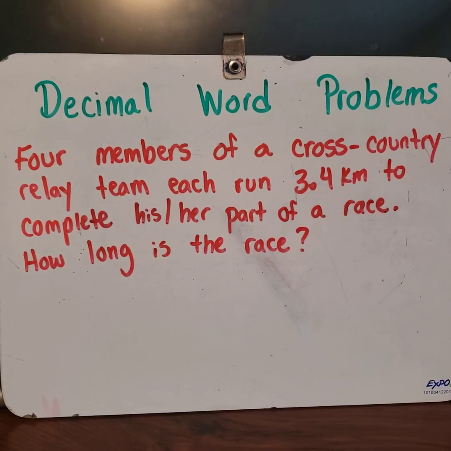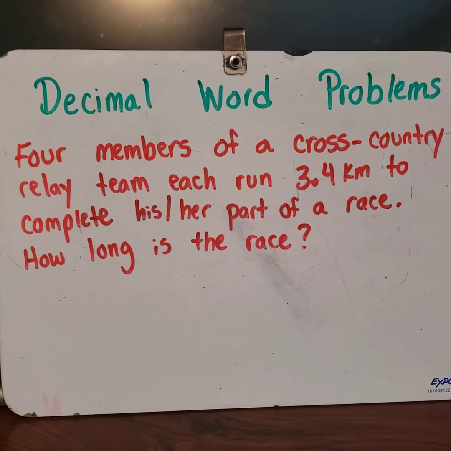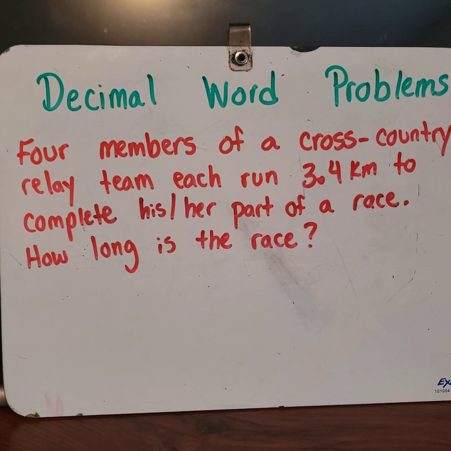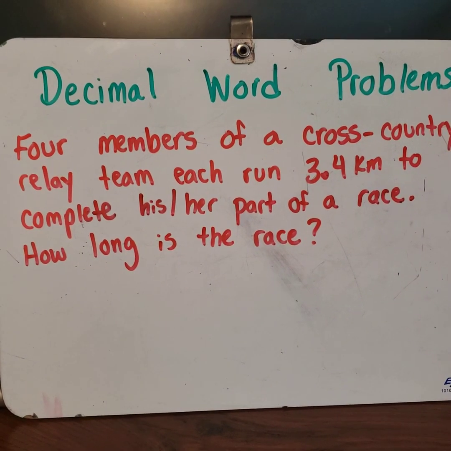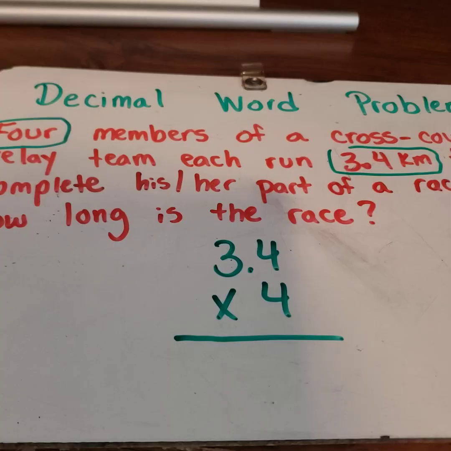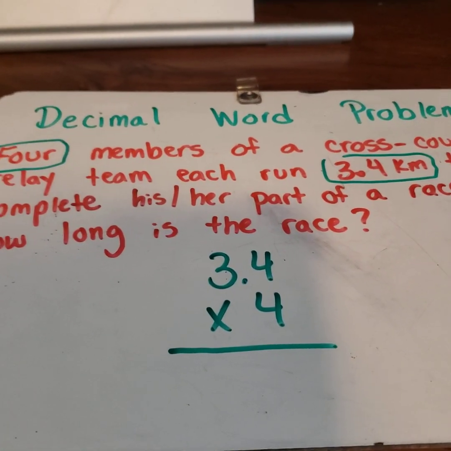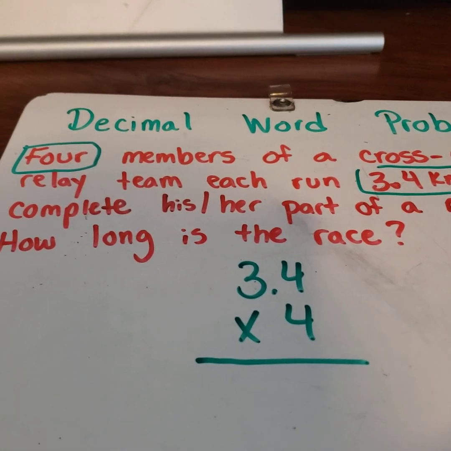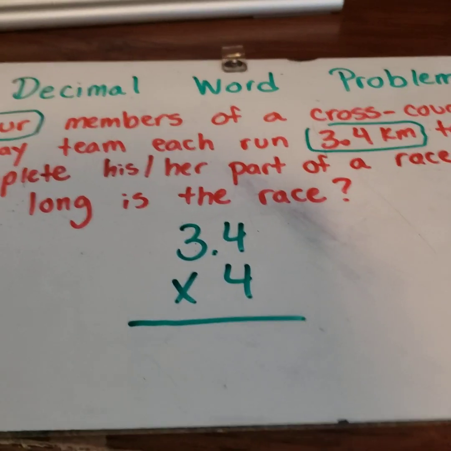Each of us run 3.4 kilometers, but they want to know how long is the total race. So I'm going to multiply 3.4 times 4.